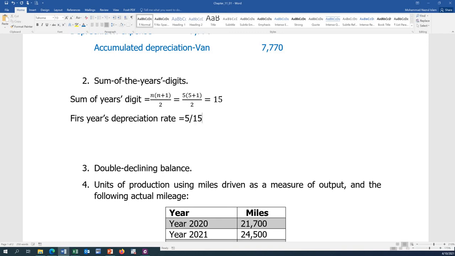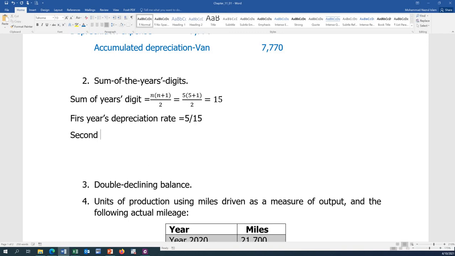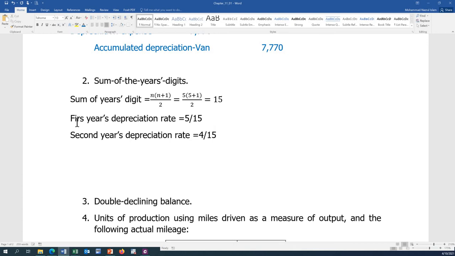The second year's depreciation rate would be equal to 4 over 15. In this way, the fifth year's depreciation rate would be equal to 1 over 15. That is why it is called accelerated depreciation. See that in the first year we have a higher depreciation rate.